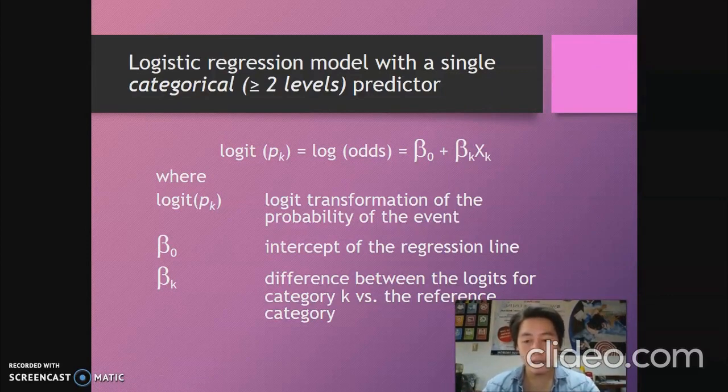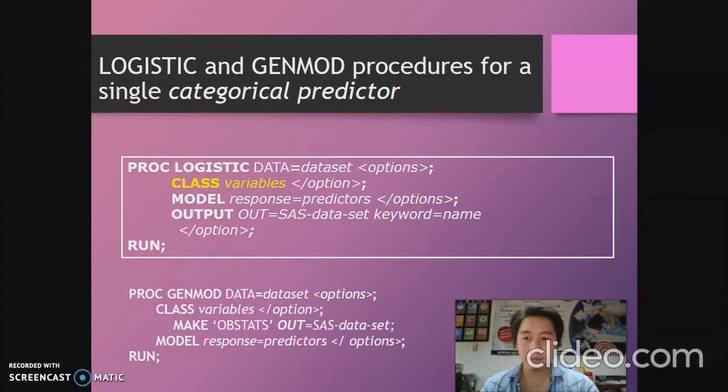The intercept of the regression line is coefficient 0, and coefficient k is the difference between the logit for category k versus the reference category. We have here the LOGISTIC and GENMOD procedures for a single categorical predictor.